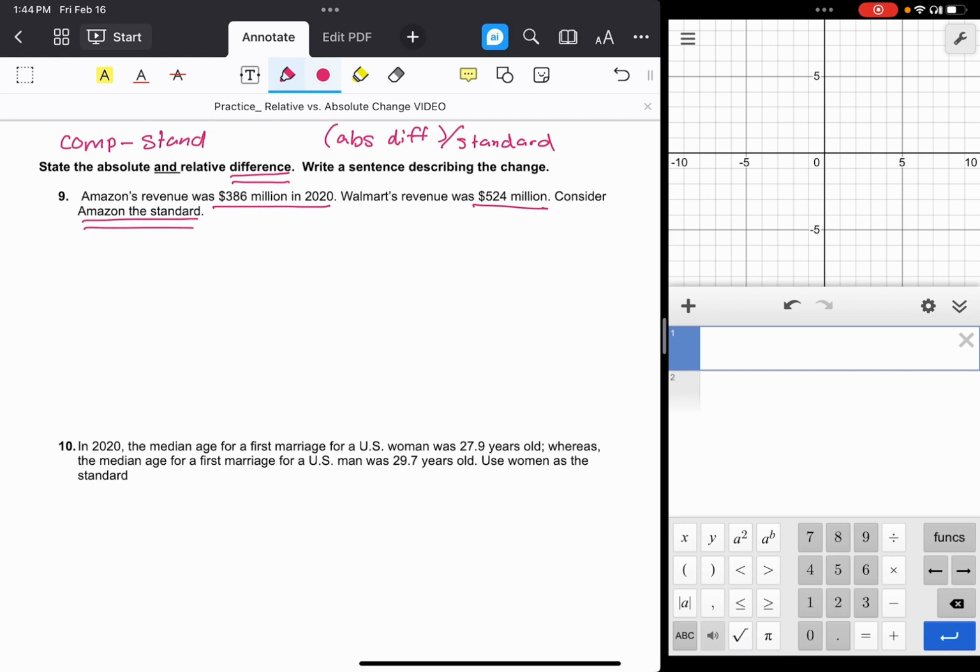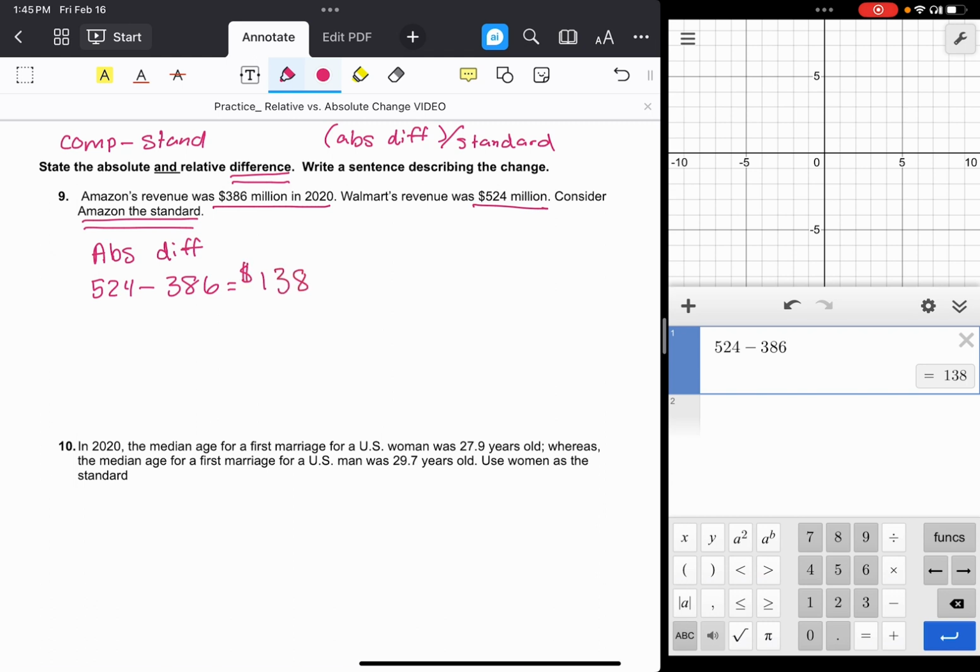So if I want to set up that absolute difference, I'm going to take whatever I'm comparing, so the Walmart value, the 524, and I'm going to subtract the Amazon's 386 million from that. So 524 minus 386. And I would get 138.